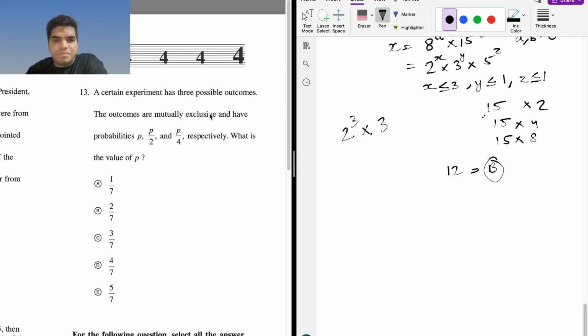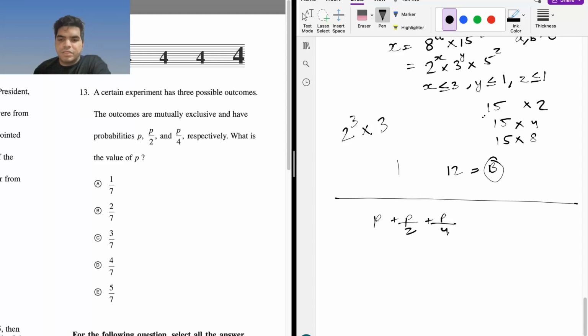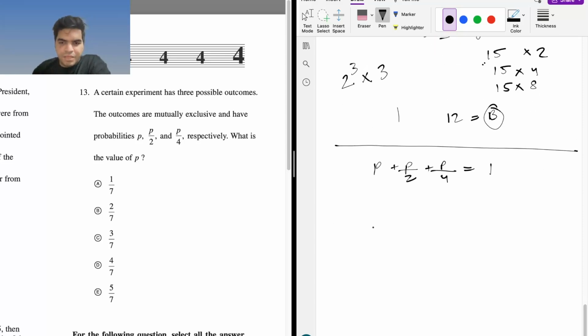So it has only three possibilities. That means these are exhaustive as well, so nothing else can exist other than that. That means p plus p by 2 plus p by 4 is equal to 1. And we know that there is no intersection, so we don't need to worry about anything. This is the equation we need to solve.